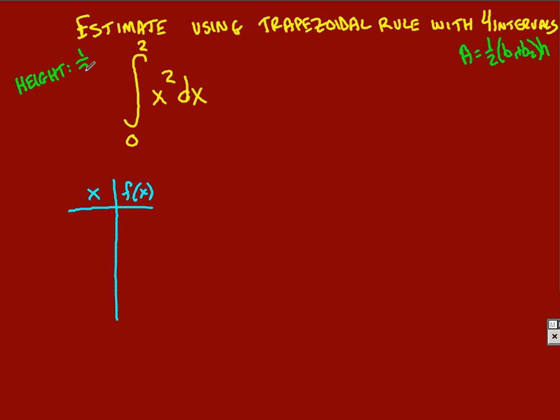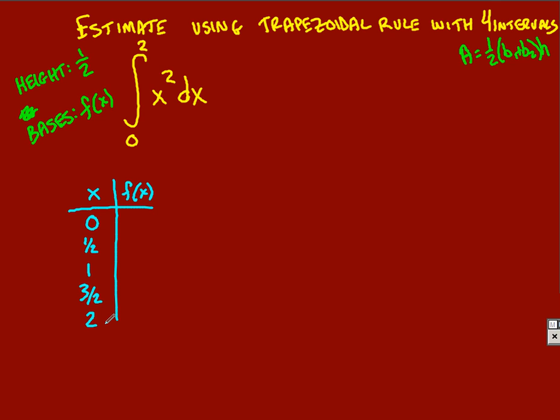So my height would be 1/2 for each. And then to find the bases for each, I'm going to be using f of x. When I fill this table, going from 0 to 2, I start at 0, and I'm counting by 1/2 each time: 1/2, 1, 3 halves, and 2.